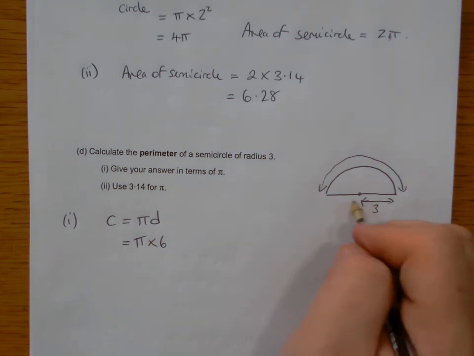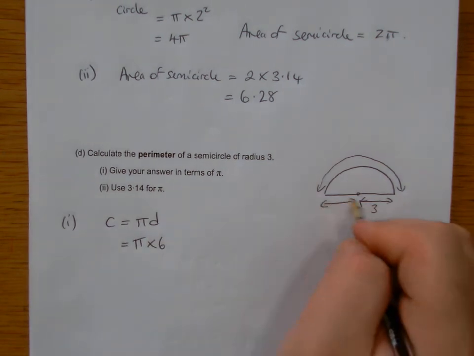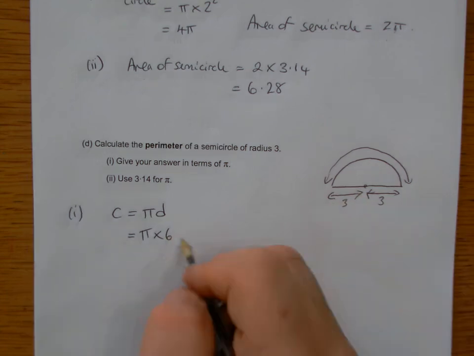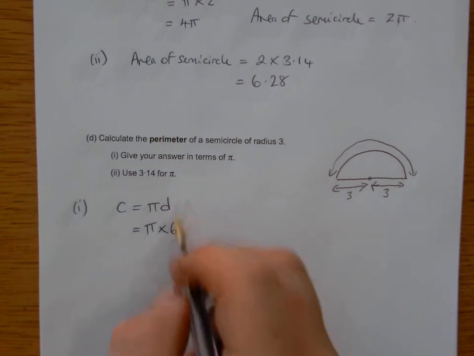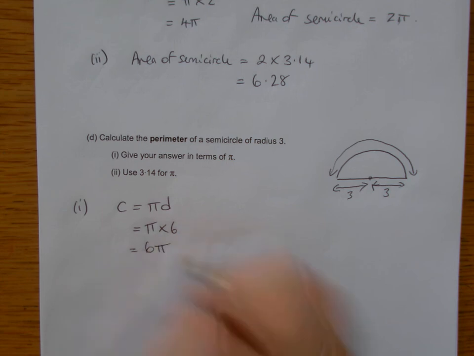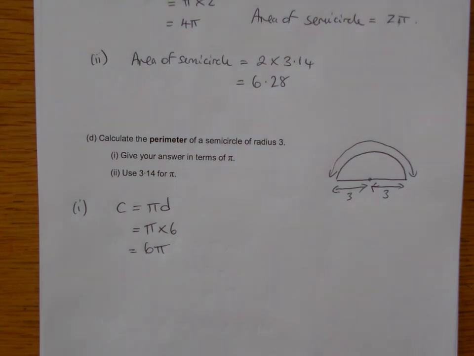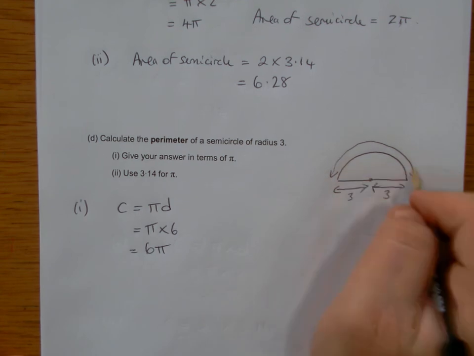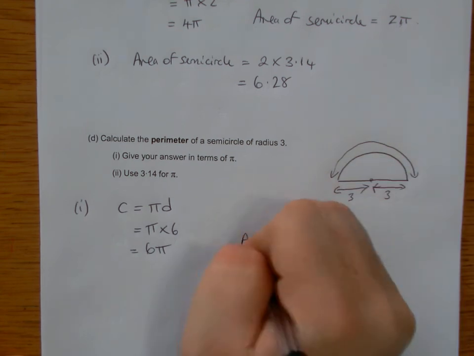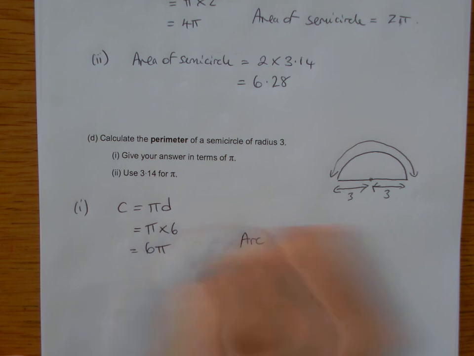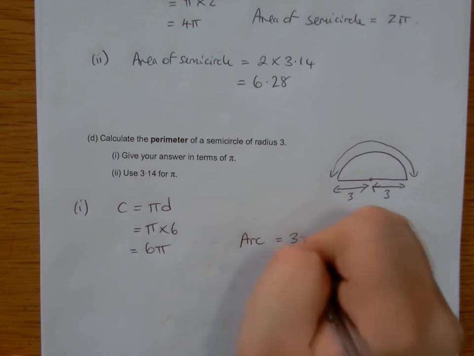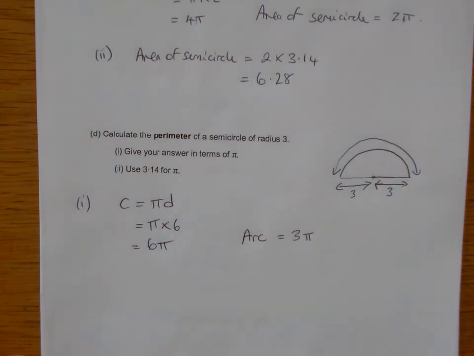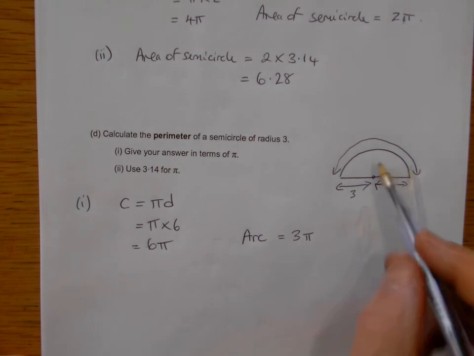So we double, we've got another radius here, haven't we? So that'll be pi times 6 there for the diameter. So we got 6 pi, okay? But of course, that's the circumference. We only want the half of it, yeah? So the arc, we'll call this the arc, will be half of this, so it'll be 3 pi, yeah? 3 pi. So we've got the arc length there.